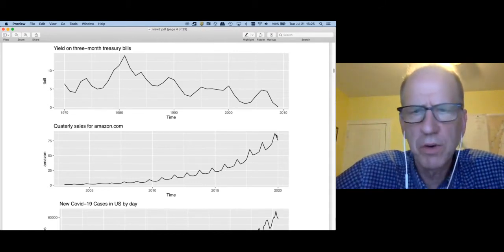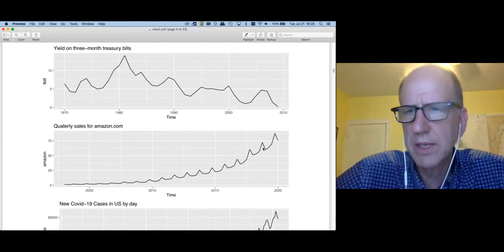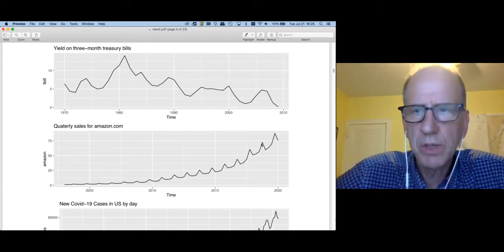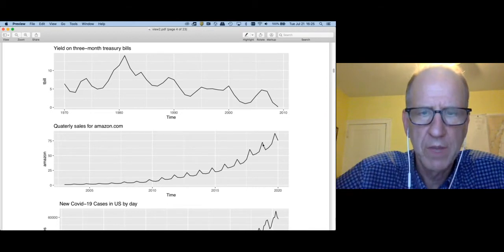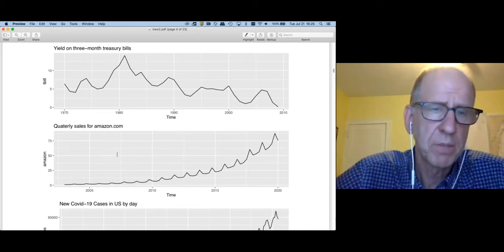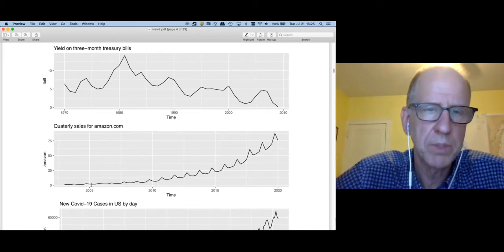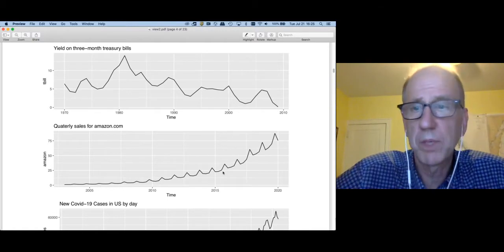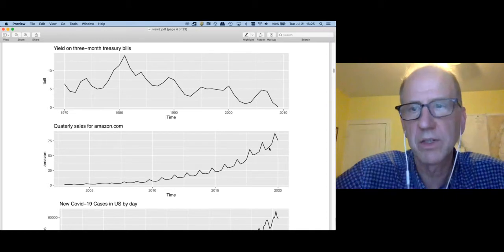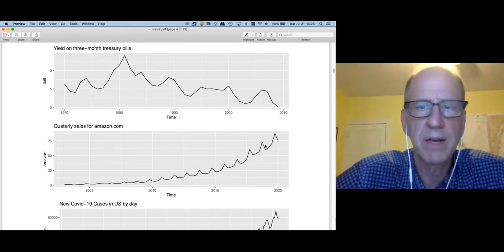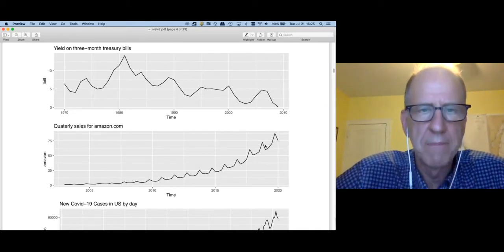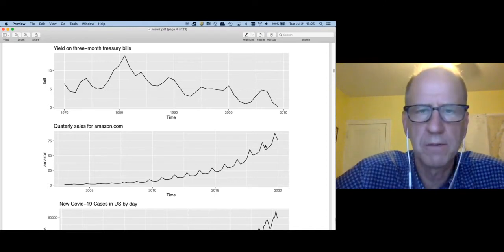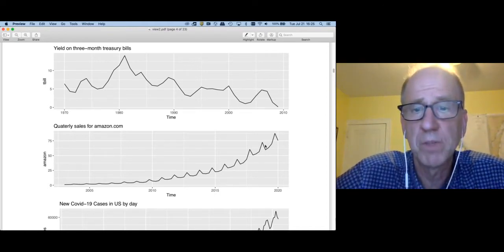Another thing that you should note about this is that the amplitude of the seasonal effect is getting bigger. Back here you can see mini bumps. The bumps become much more prominent as basically the mean sales increase. So the amplitude of that effect increases, which is kind of reminiscent of heteroscedasticity in regression.